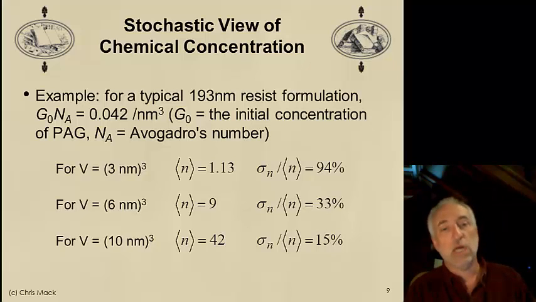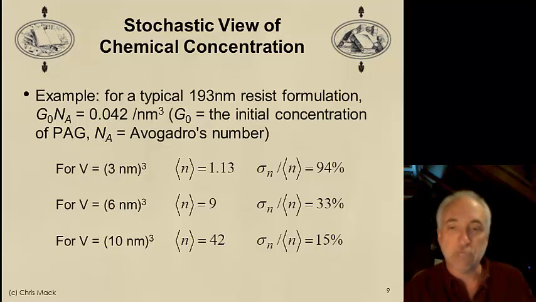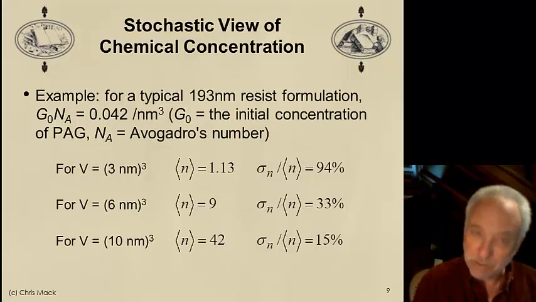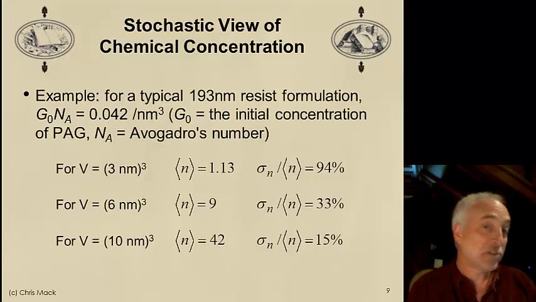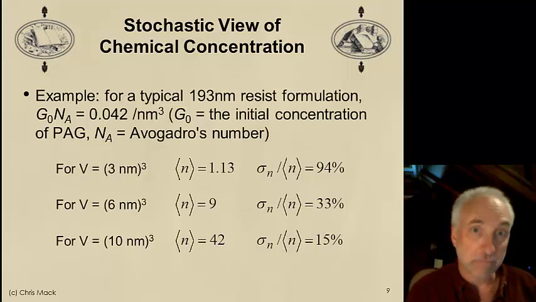You see for a 10 by 10 by 10 nanometer cube, the average number is 42. It's the example I picked on the previous slide. And the relative uncertainty is 15%. So even if I pick a fairly large volume on a lithographic scale, 10 nanometers on a side, there's still an uncertainty of 15% just from random variations in the placement of these PAG molecules. Well, 10 nanometers on a side is starting to look like a lithographic feature today.